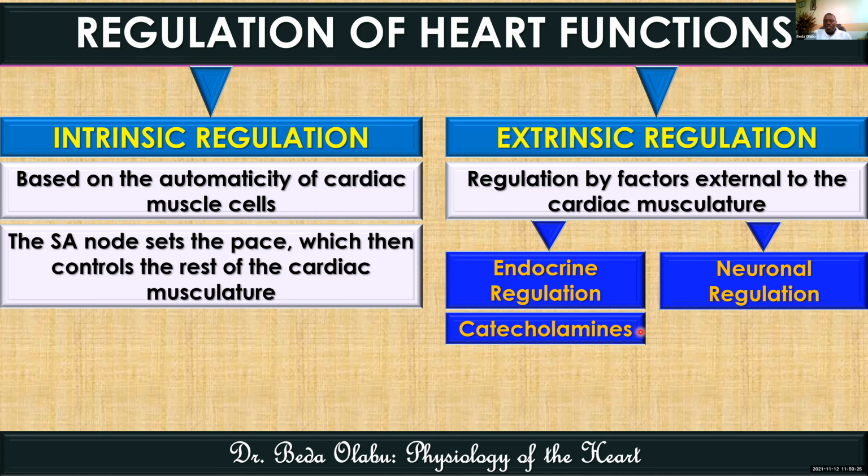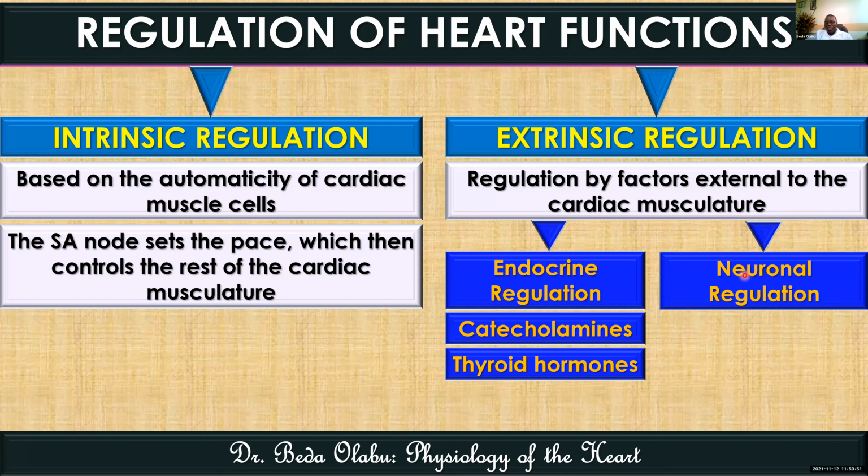Remember, it comes from the adrenal medulla. The other catecholamines are norepinephrine and dopamine. Apart from catecholamines, even the thyroid hormones have an effect on the heart. That's why if a patient has hyperthyroidism, then even their heart rate would increase.